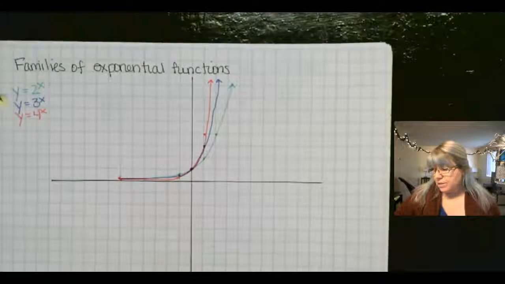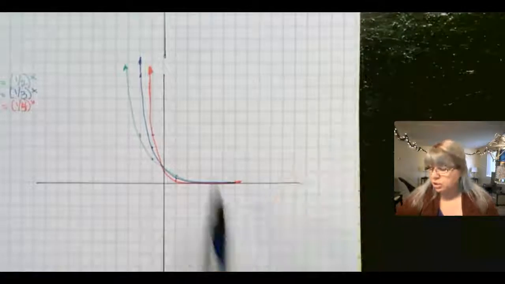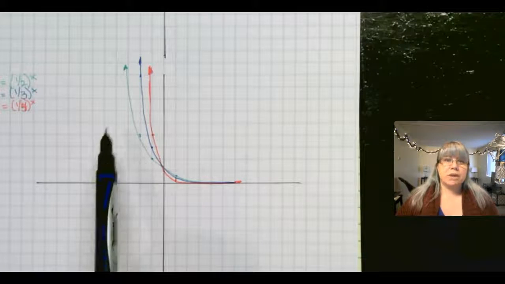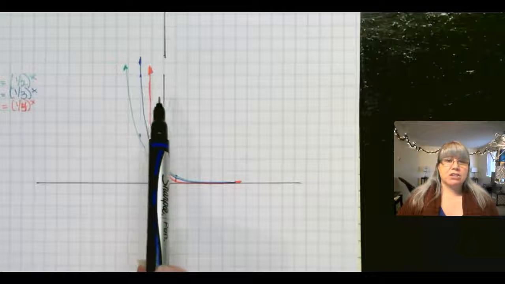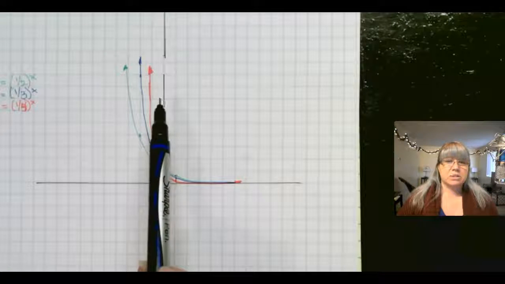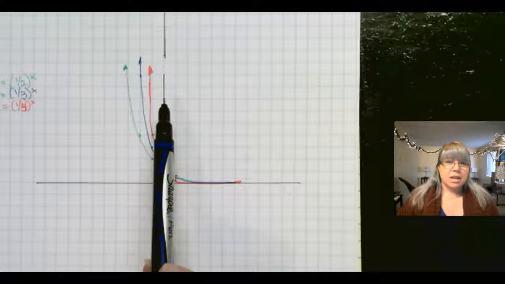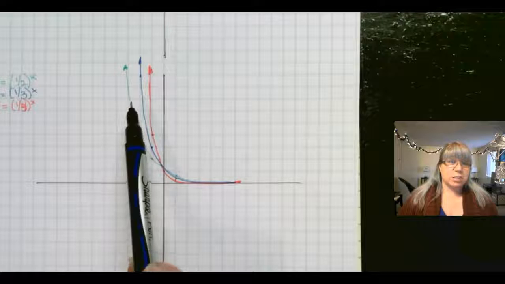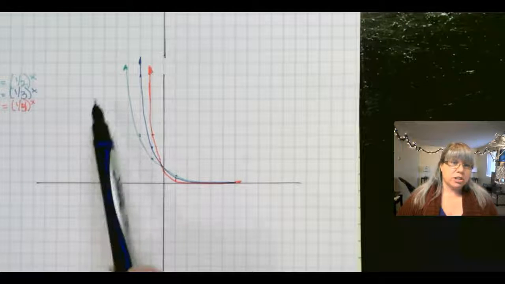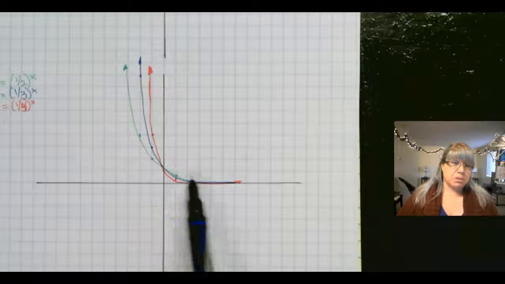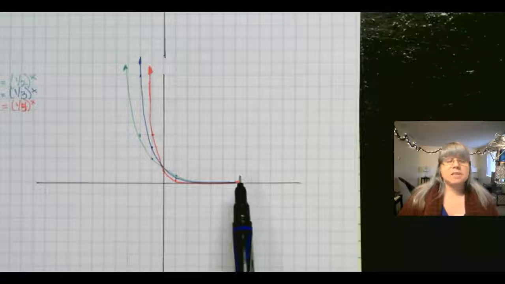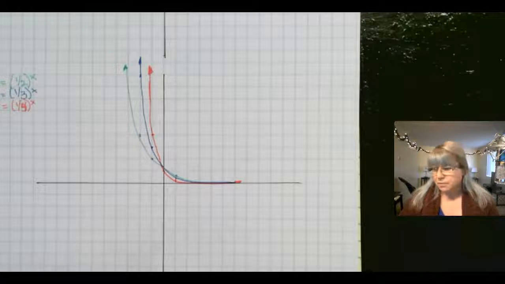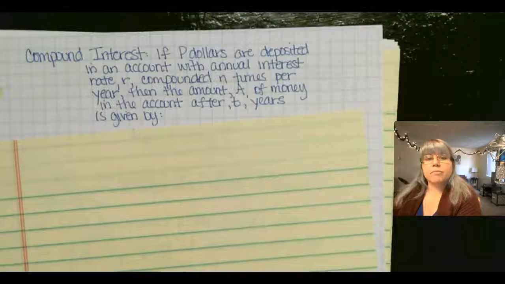And then with fractions, if you know what a general fraction looks like, then you should be able to figure out, is it really, really close? The smaller the fraction, the closer to 0 it's going to get on the y-axis. If it's bigger, like 3/4, it's going to be on the other side of this 1/2 because 3/4 is larger. So it's not going to start out as steep, but it does eventually get down to really close to 0. So those are families of exponential functions.